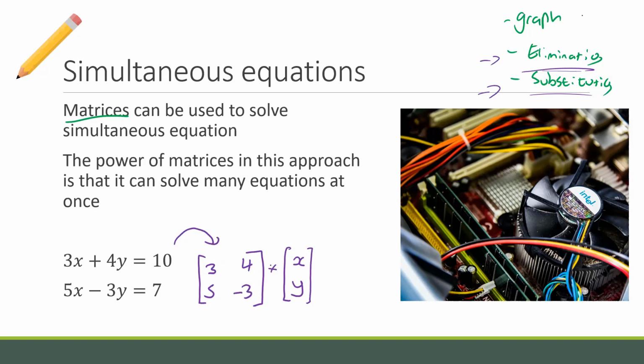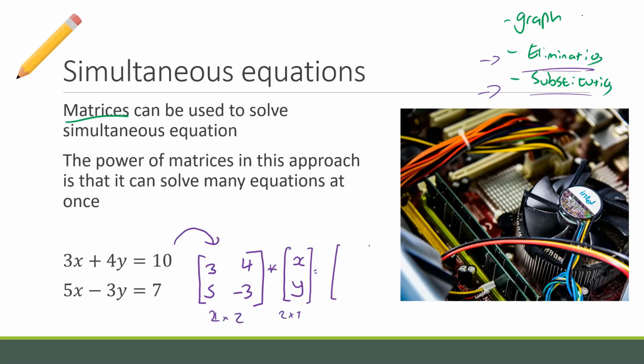So let's take a moment just to see what would happen if I was to multiply this matrix by x, y. I would end up with a 2 by 1 matrix, since this is a 2 by 2 and this is a 2 by 1.